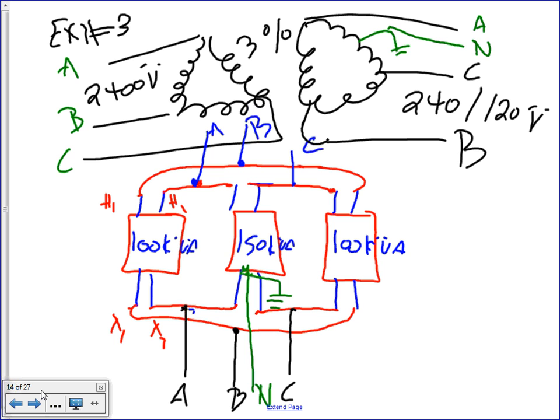They call it the wild leg because the voltage between B and the neutral is what? 208. Remember we talked about that. So we don't tie anything between phase A and a neutral. The only way you tie is between phase A and C and a neutral. It's the only way you do it.